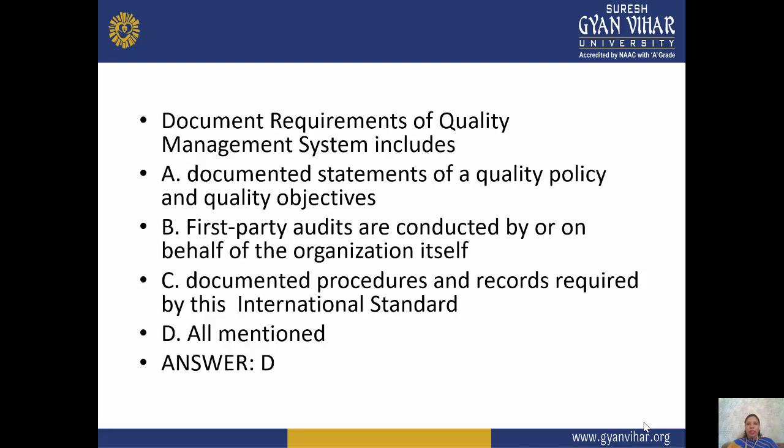Now, document requirements of a quality management system include documented statements of a quality policy and quality objectives. First party audits are conducted by or on behalf of the organization itself. Documented procedures and records required by this international standard. All mentioned, so answer D is correct.